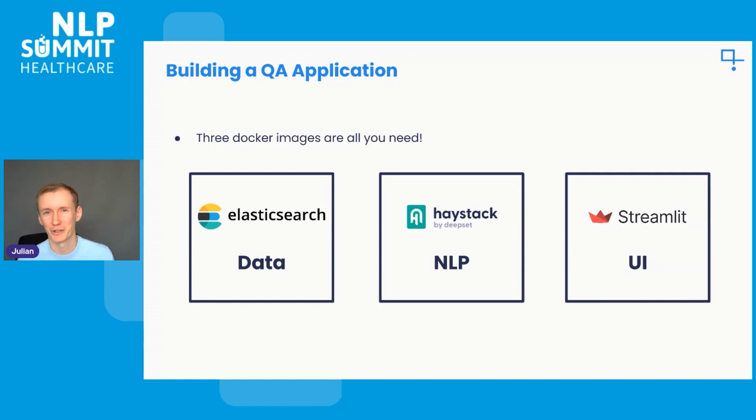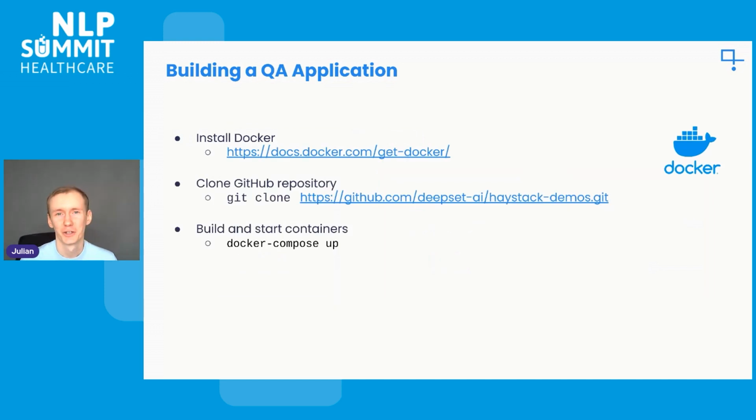And how do you get these 3 Docker images? First of all, if you want to run this demo, you need Docker installed, and I'm referring here to the Docker installation guidelines. The second step is you need to clone a public GitHub repository, the Haystack demos repository, so you download this on your machine. When you're in this folder, the only thing you need to do is run the docker compose up command.